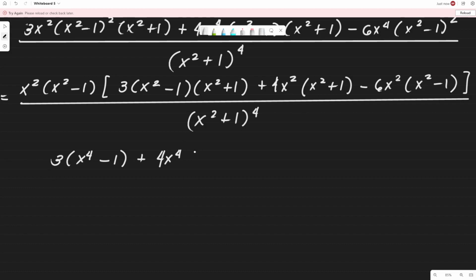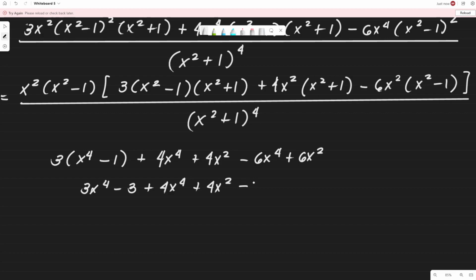And 4x to the fourth plus 4x squared, then minus 6x to the fourth plus 6x squared. Okay, so we have, ito lang yun ha, yung naka-group lang. So we have 3x to the fourth minus 3 plus 4x to the fourth plus 4x squared minus 6x to the fourth plus 6x squared.